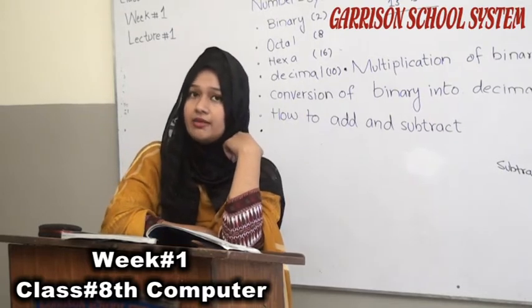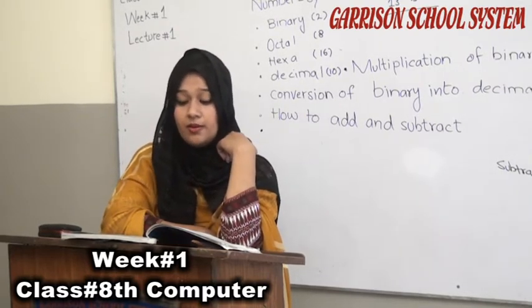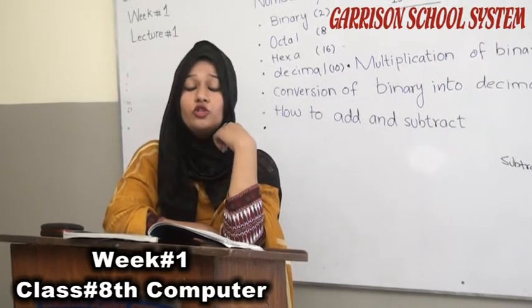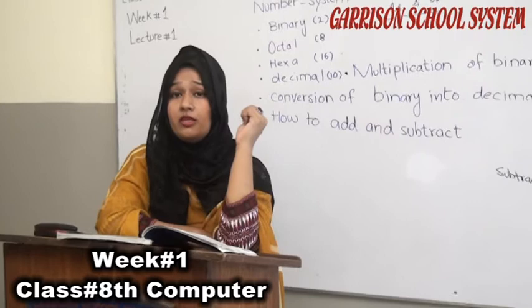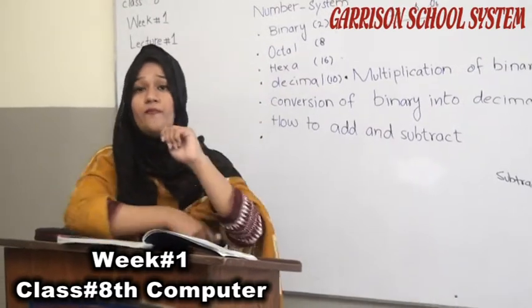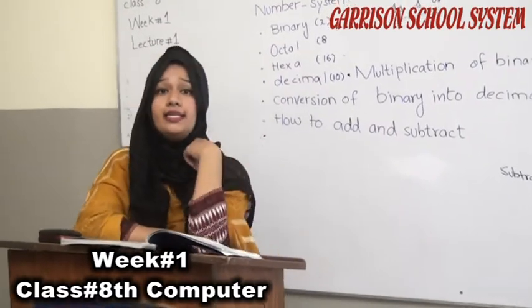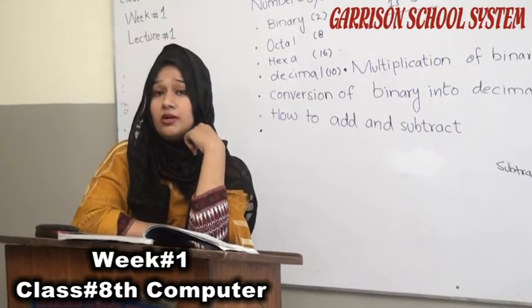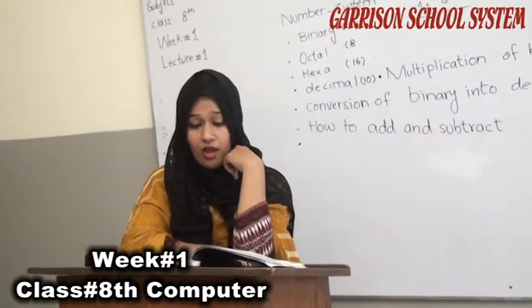When converting decimal number system into binary number system, we divide the decimal number by 2, because the base of binary number system is 2. The base of octal number is 8. The base of hexa number system is 16. The base of decimal number system is 10.